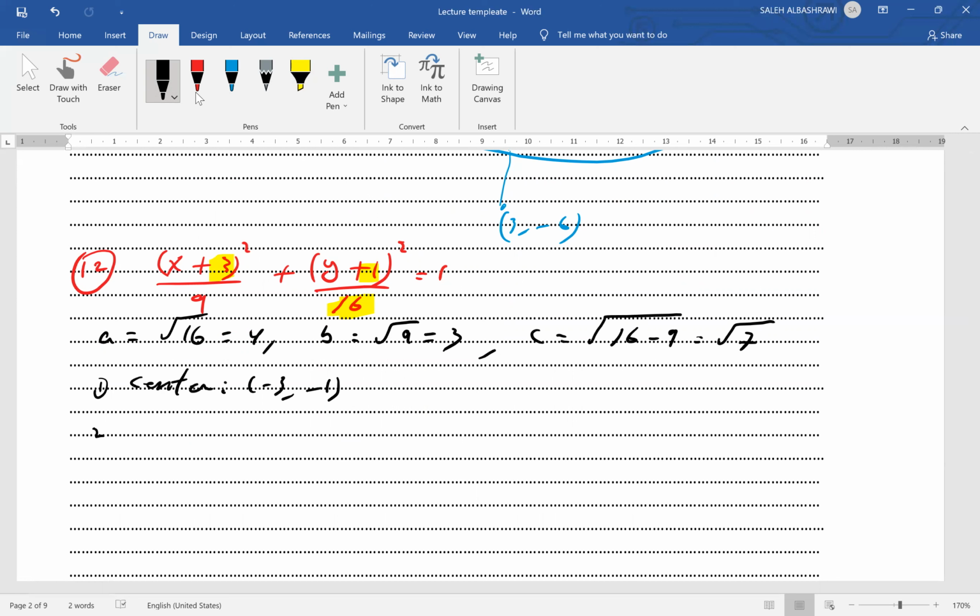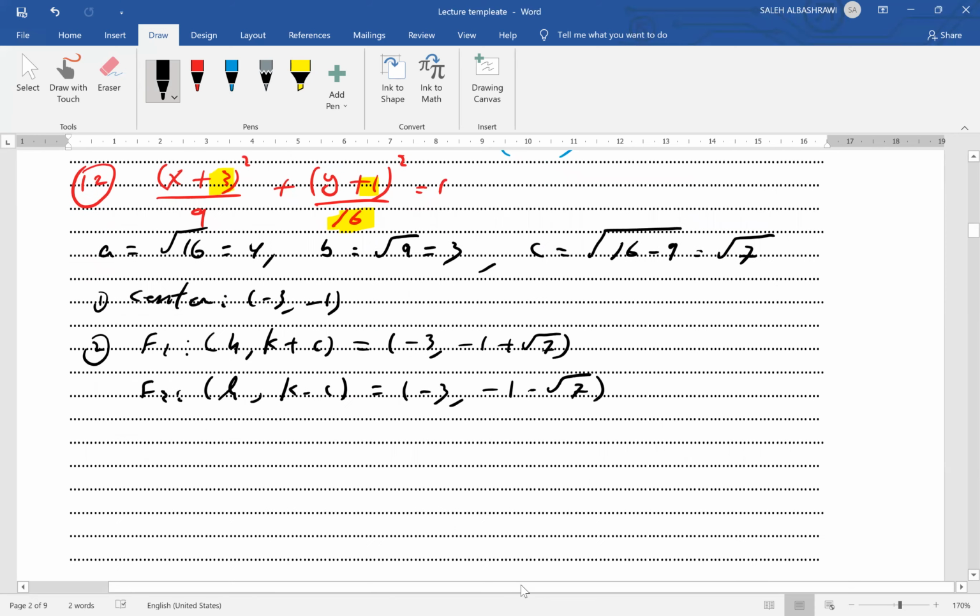And focus point over the foci, F1 is given by h and k plus c, which is equal to minus 3, minus 1 plus square root of 7. F2 will be h and k minus c. That will be minus 3 and minus 1 minus square root of 7.